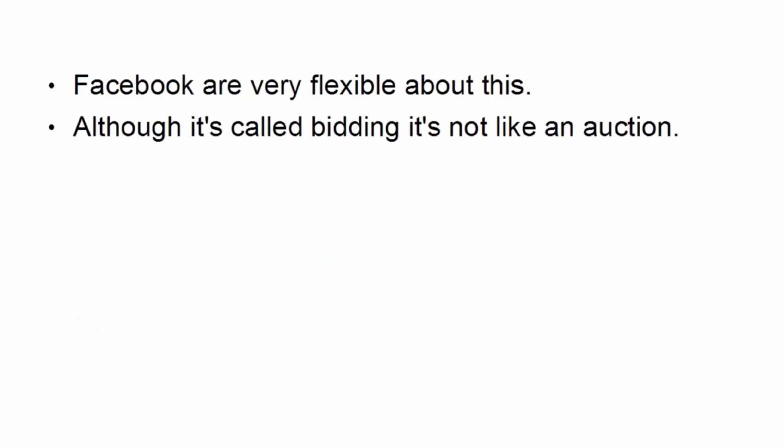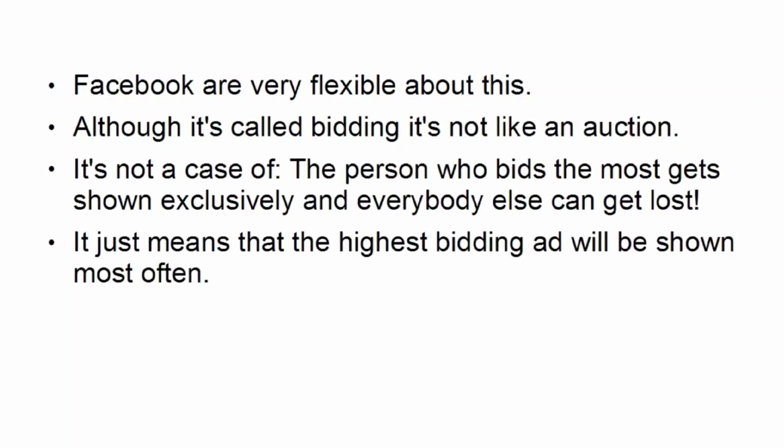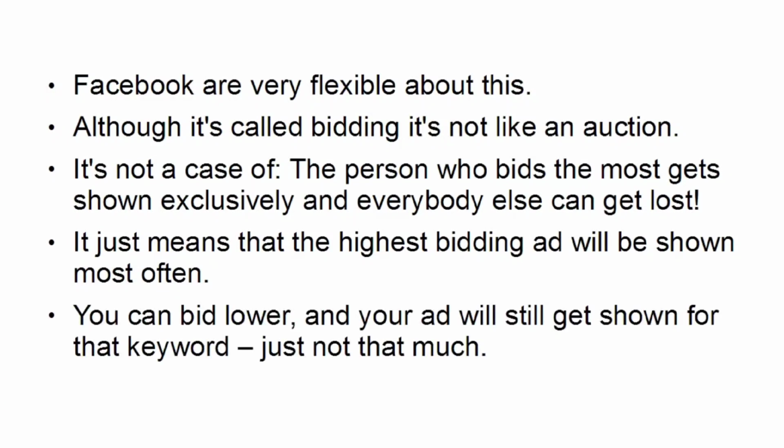Although it's called bidding, it's not like an auction. It's not a case of the person who bids the most gets shown exclusively and everybody else can get lost. It just means that the highest bidding ad will be shown the most often. You can bid lower and your ad will still get shown for that keyword, but just not that much.